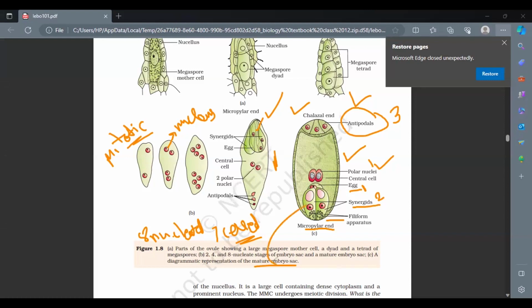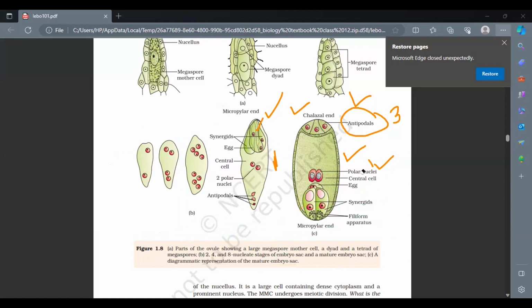Make sure you don't make mistakes when drawing, because you feel you have done something right, but when the examiner checks your copies, they understand it's not what was asked. Once again, the last two diagrams are of the embryo sac only, but one is not a mature embryo sac. The last diagram is the mature embryo sac which you need to draw.